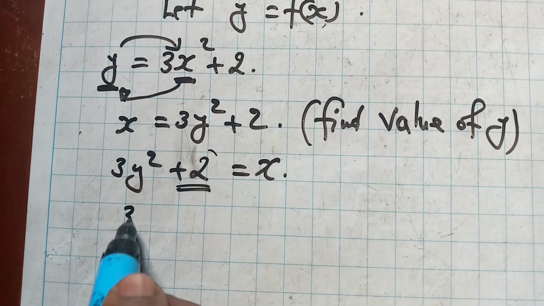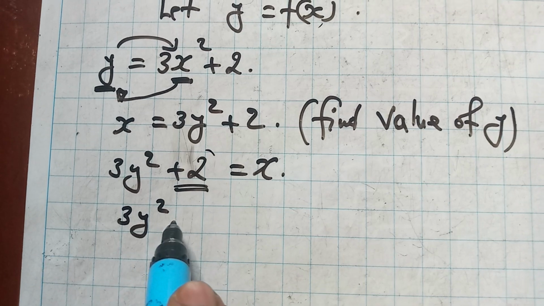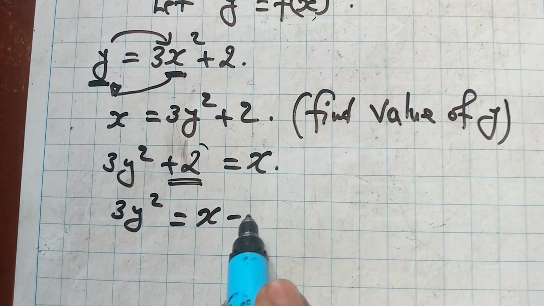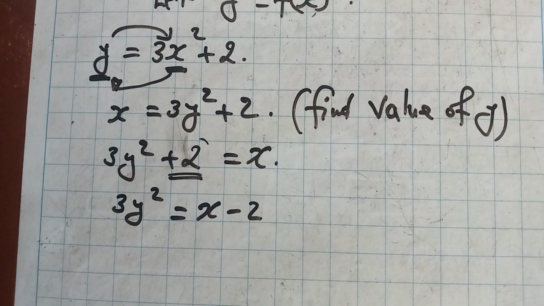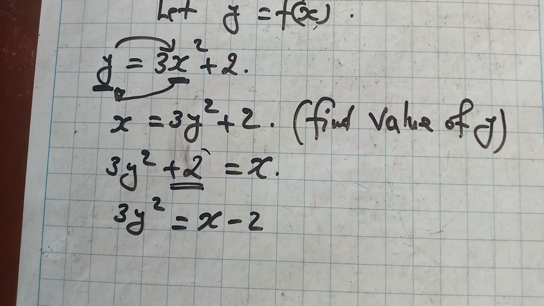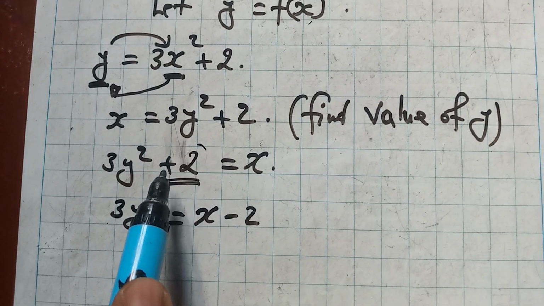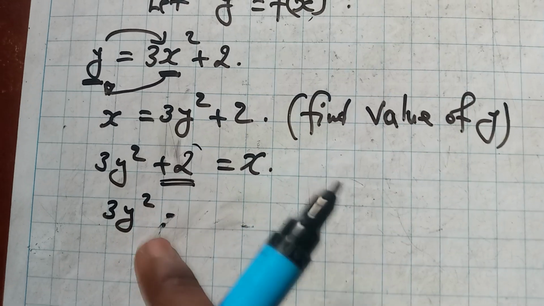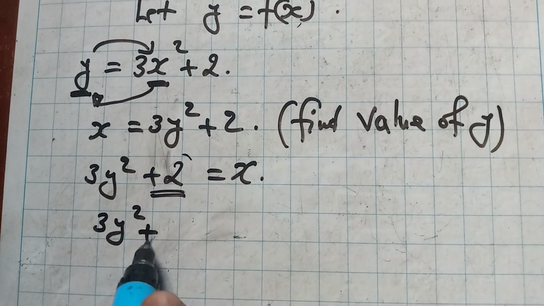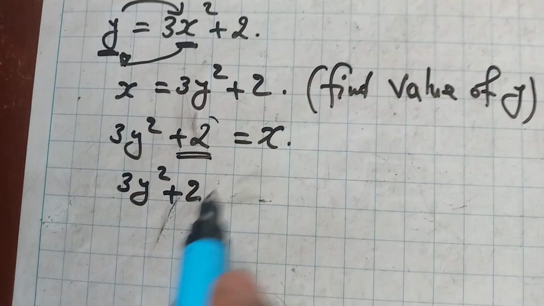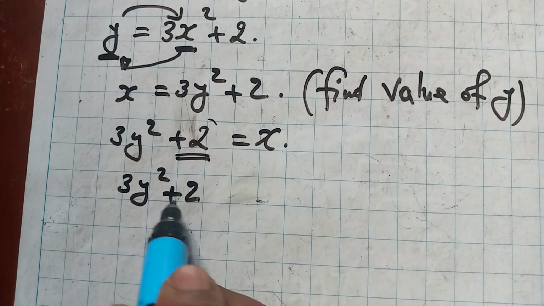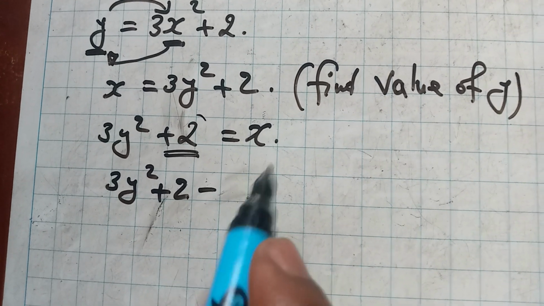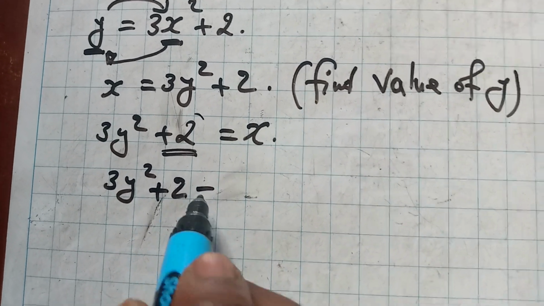So you have 3y squared equal to x minus 2. Since you had this 2 here, let me show you how it works. Because it is positive here, you have to apply its additive inverse, which is negative 2.